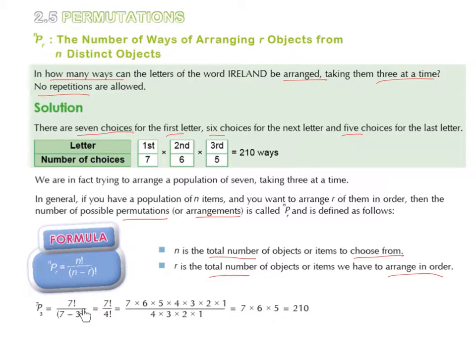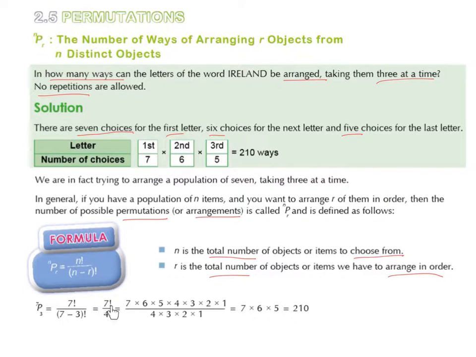Then we apply the factorial rule to it. So this becomes 7 factorial divided by 7 minus 3 factorial. 7 minus 3 is 4, so we've got 4 factorial on the bottom and 7 factorial on the top. So we've got 7 by 6 by 5 by 4 by 3 by 2 by 1 divided by 4 by 3 by 2 by 1, which will give us 7 by 6 by 5, because basically the 4s, the 3s, the 2s and the 1s all cancel out, which gives us 210.